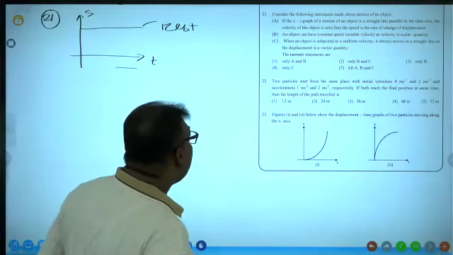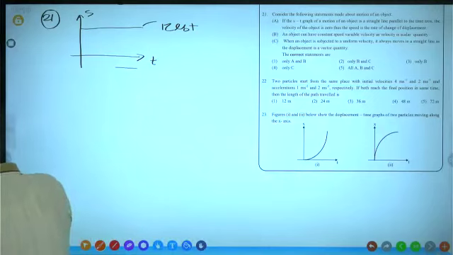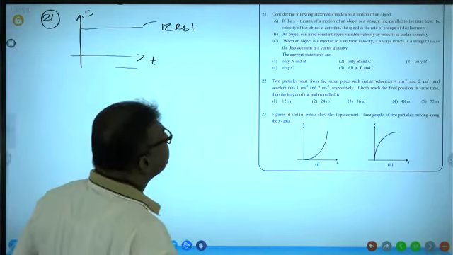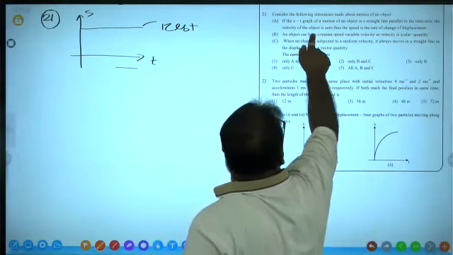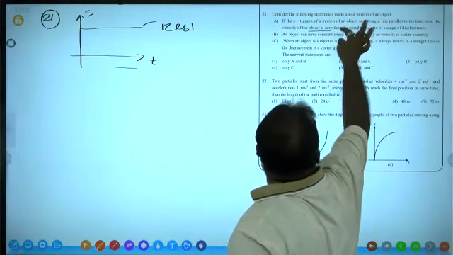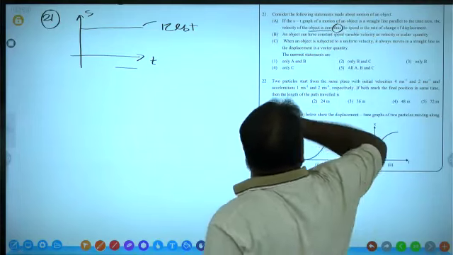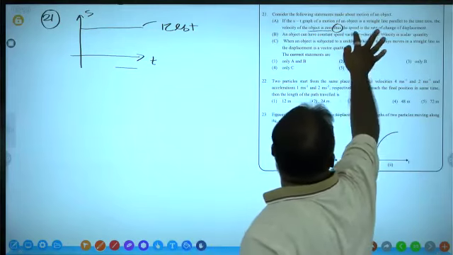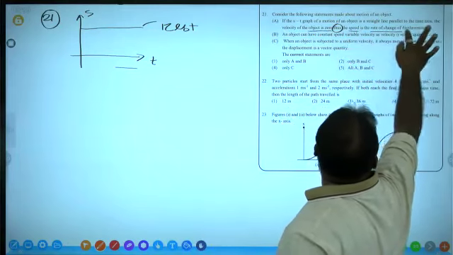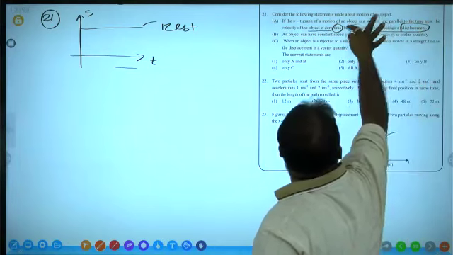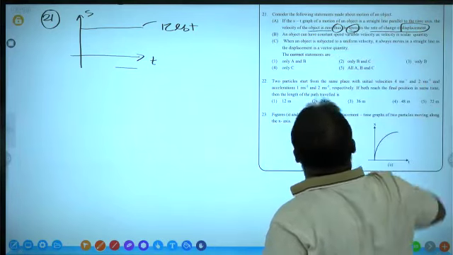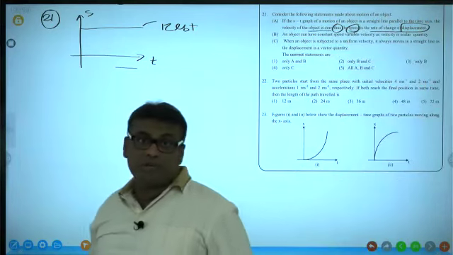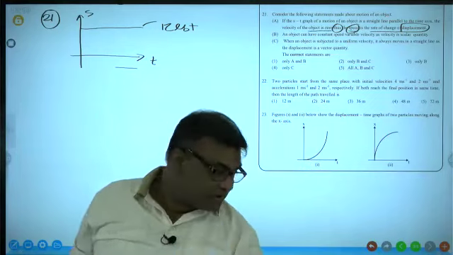Yes, correct. Is zero, right? Because the speed is the rate of change of displacement. Speed is not the rate of change of displacement. The speed is the rate of change of distance.